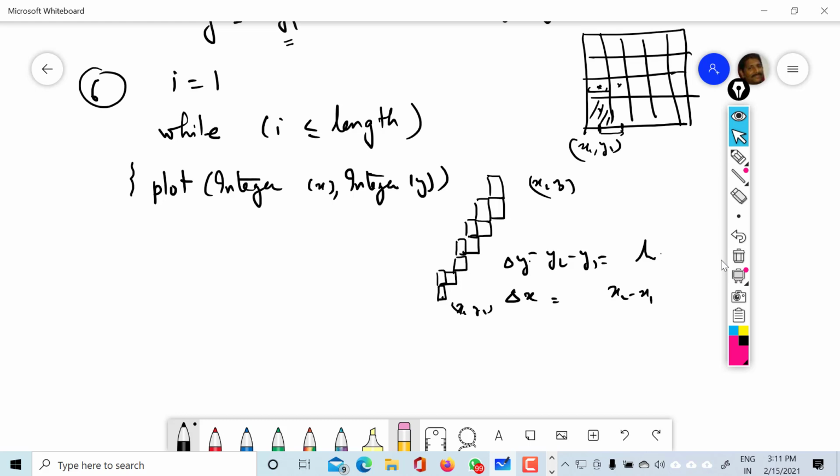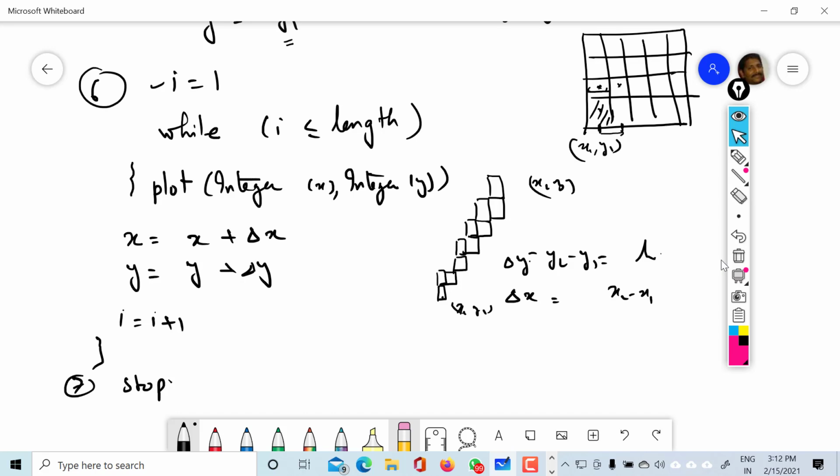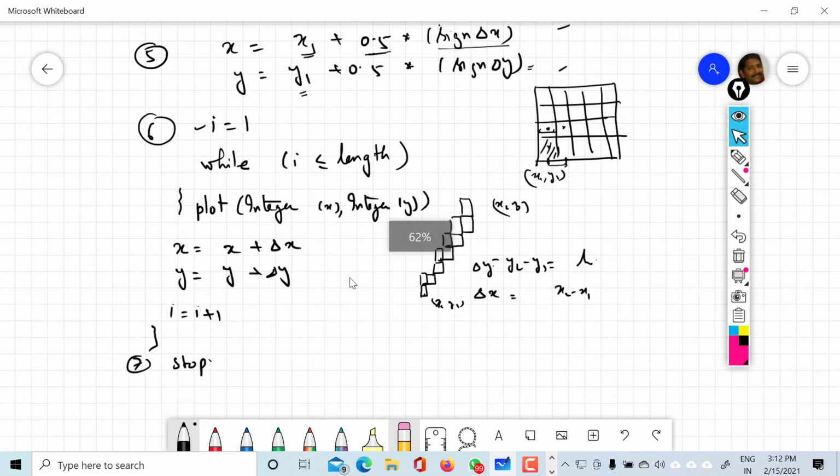You plotted, and then you will increase the value to the next value, so x plus delta x, and likewise y equal to y plus delta y, and increase the variable I, that means I equal to I plus 1. In this way the DDA algorithm ends, and you will stop the algorithm like this. So this is the whole algorithm.